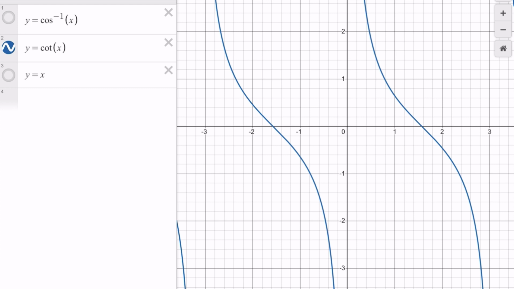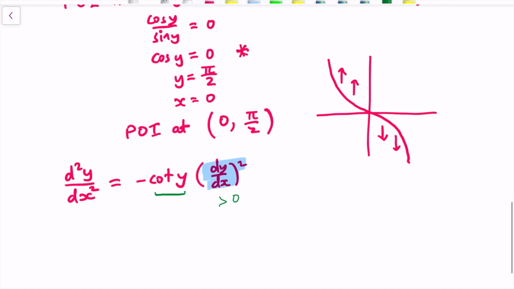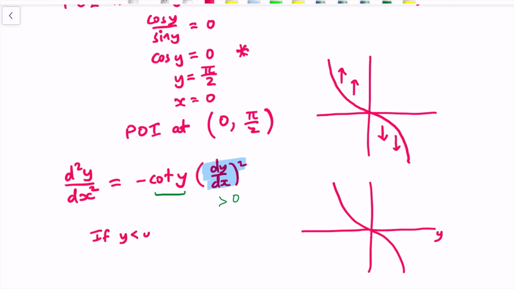So to the left it's negative, to the right it's positive. I'm thinking of y on that axis, but cotan looks like that. If y is less than 0, then cotan of y is greater than 0. Y is greater than 0, and cotan of y is less than 0.